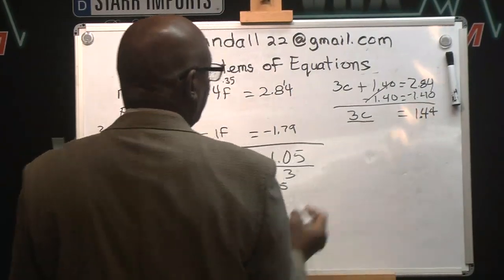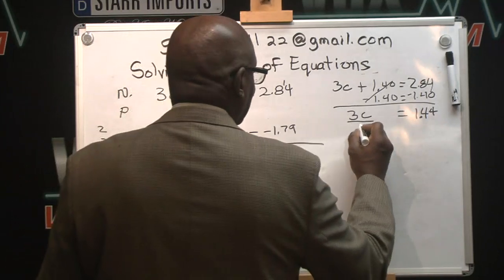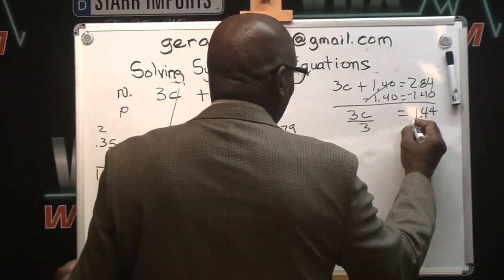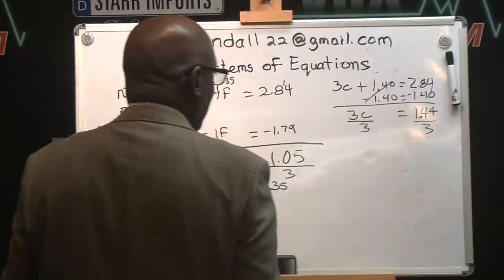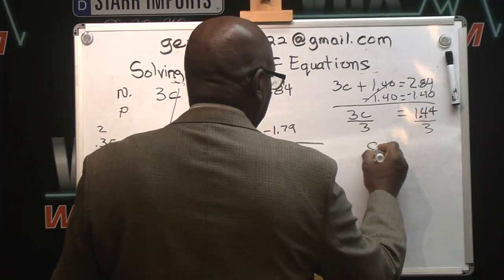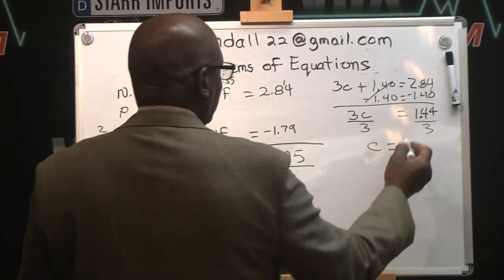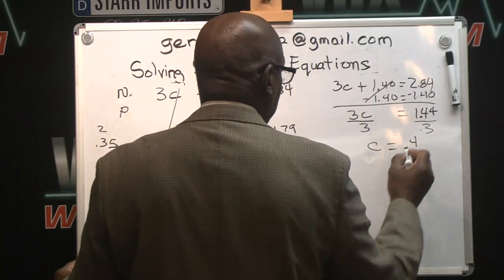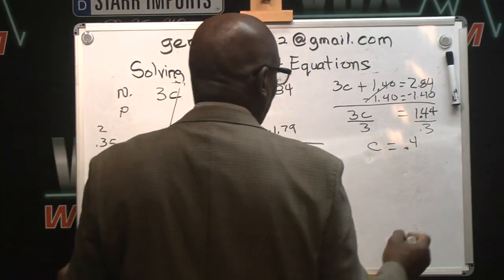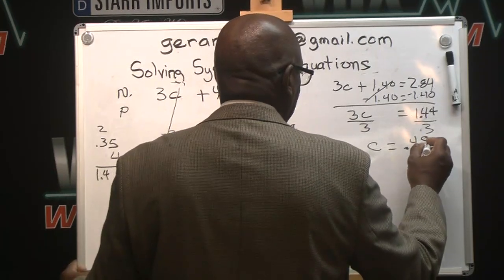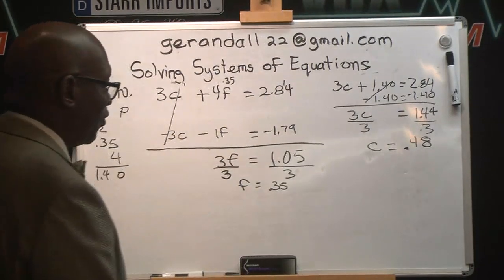Again, undo multiplication with division. Divide by 3. Whatever you do to one side, you must do to the other. And again, we're looking at C's left. 3 goes into 14 how many times? 4. You're left with 2, 24, or 3 goes into 24, 8 times. And the candy is 48 cents.